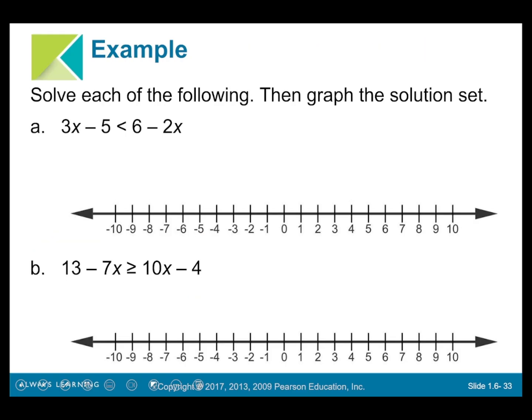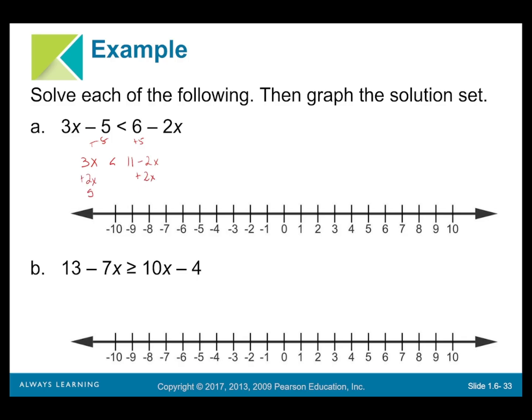Now for an example, let's solve each of the following and then graph the solution set. So I have 3x minus 5 is less than 6 minus 2x. So let's add 5 to both sides. And I get 3x is less than 11 minus 2x. And I add 2x to both sides.